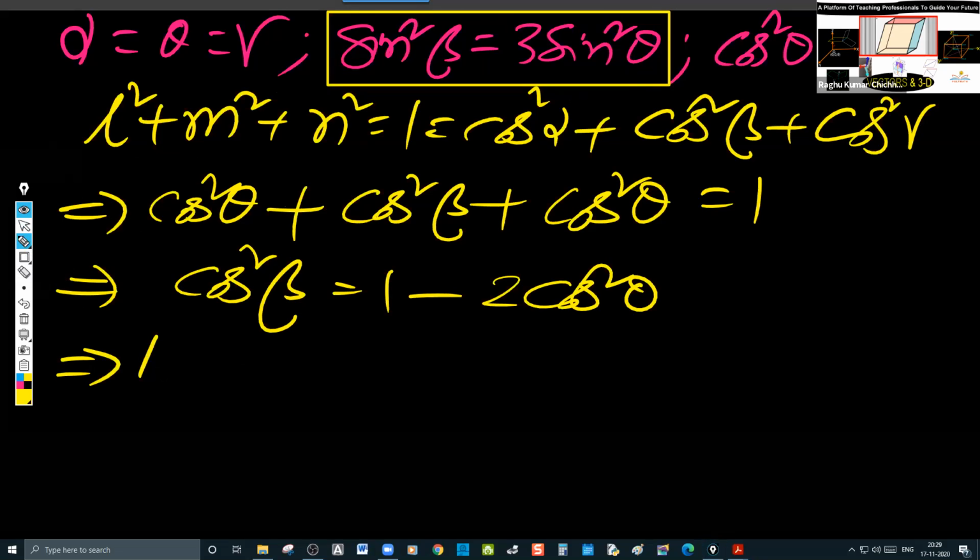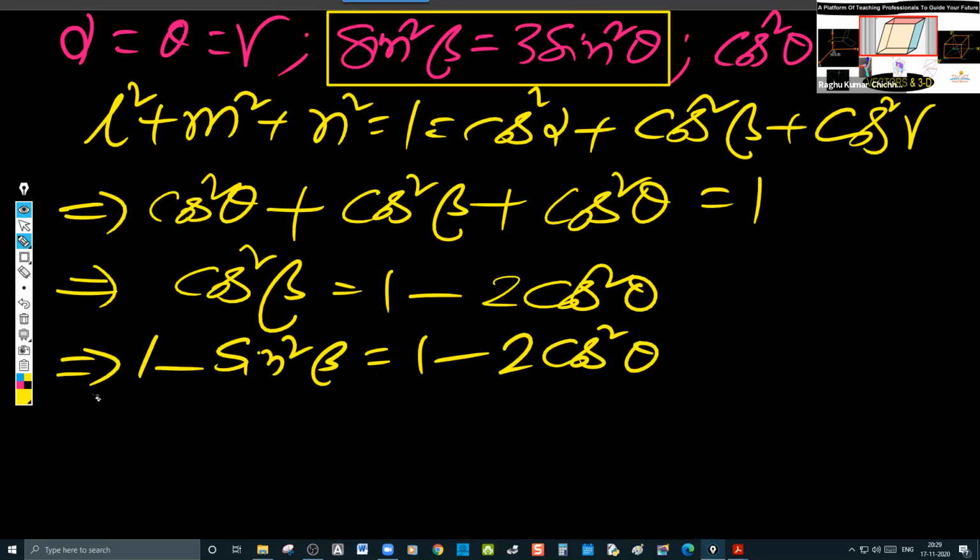To make use of that relation, write cos square beta as 1 minus sine square beta, which is equal to 1 minus 2 cos square theta. What can be replaced with sine square beta? Sine square beta is given as 3 sine square theta.